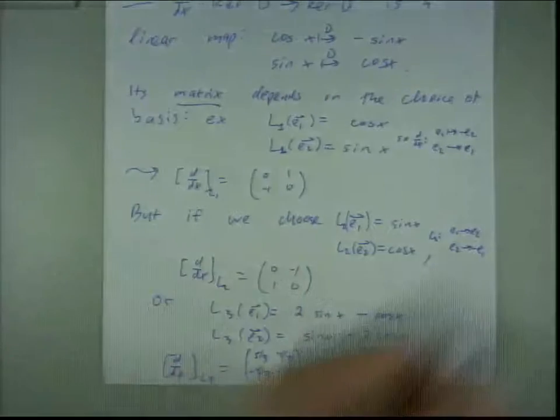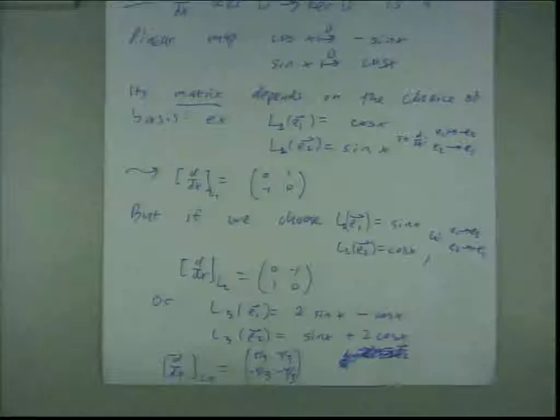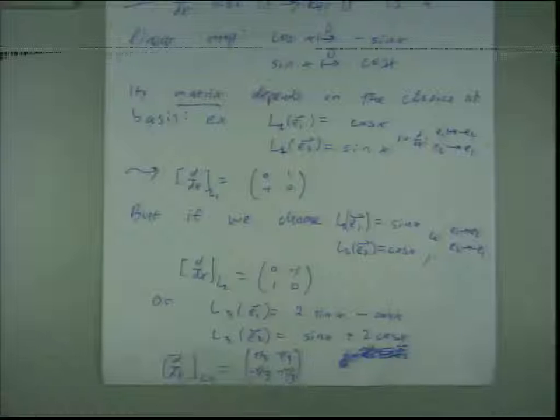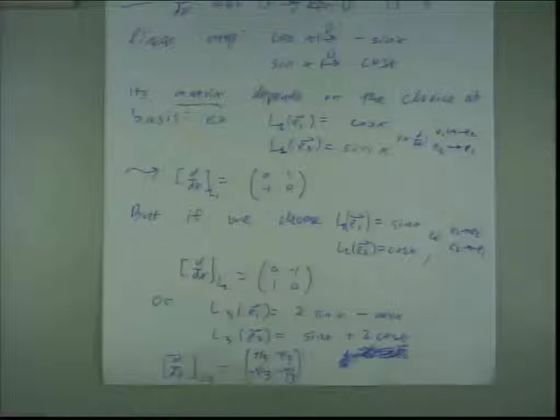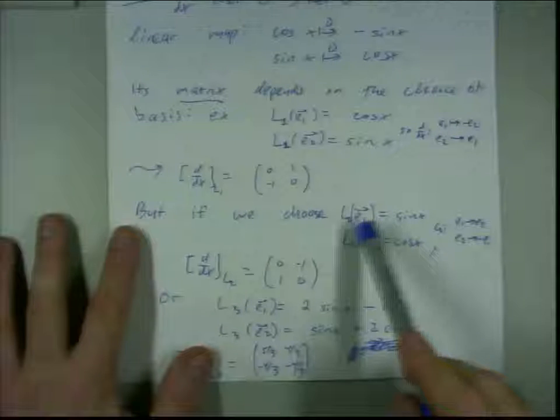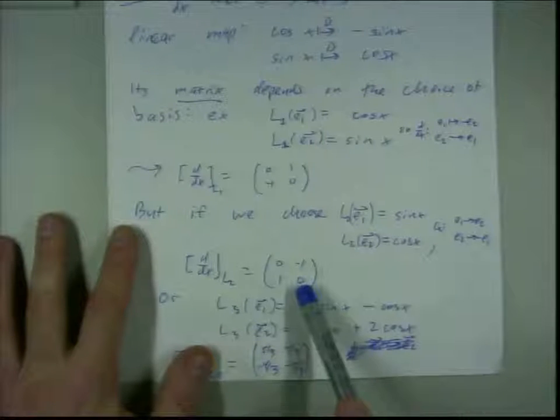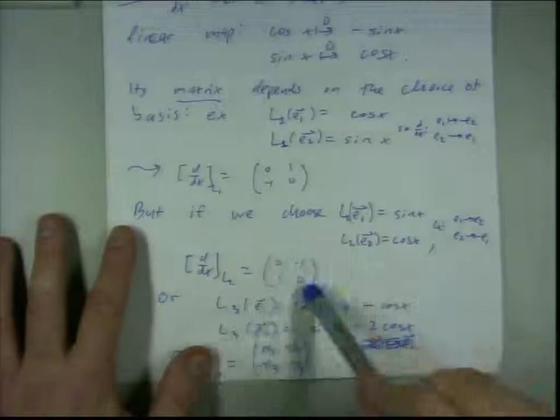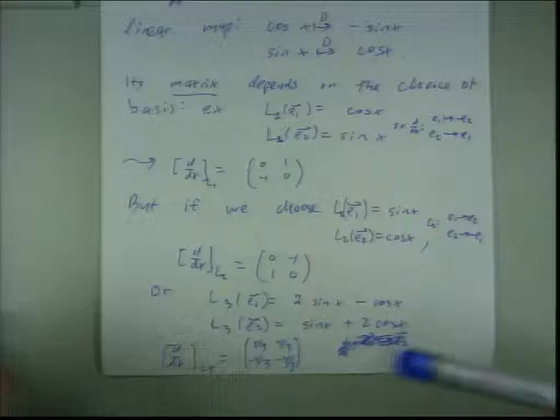But if I switch them, the most obvious thing to do is to make one of them E1 and the other E2, but you still have to decide which is which. If I let E1 go to sine and E2 go to cosine, I get this matrix instead. It's almost the same as this one, just off by a sign.